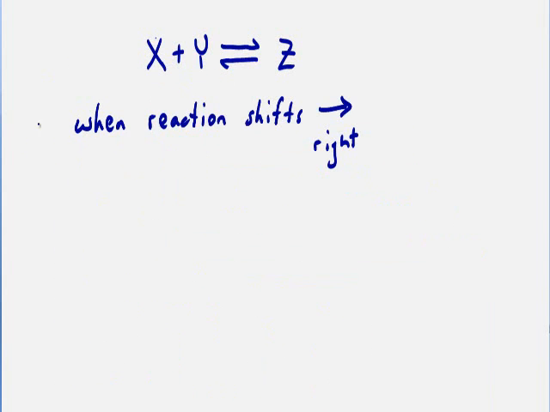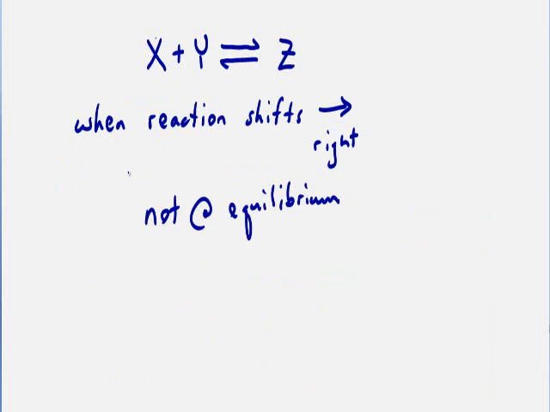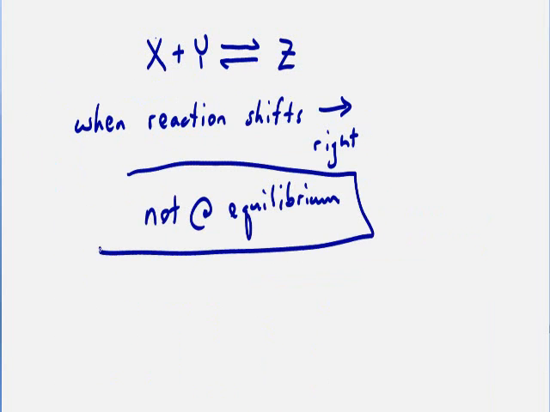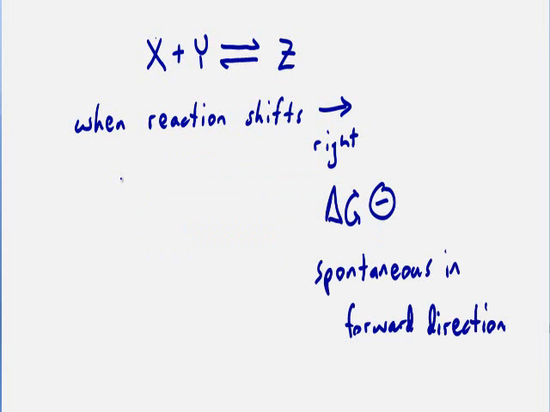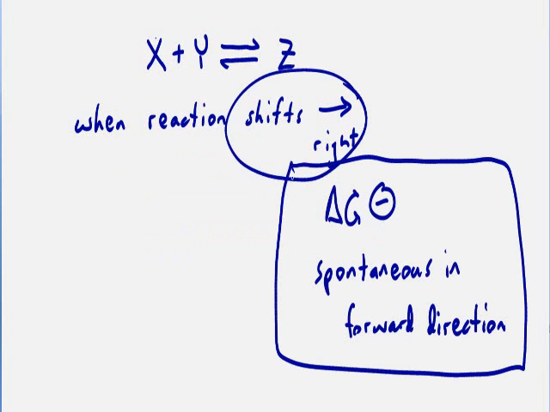Now, if we recall, equilibrium reactions can shift to try to reach equilibrium. When a reaction shifts right, that's an indication the reaction is not at equilibrium, and the reaction is making an attempt to reach equilibrium by shifting to the right. In an equilibrium system, when a reaction is shifting right to try to reach equilibrium, that's indicative that delta G right now is negative, indicating the reaction is spontaneous in the forward direction.